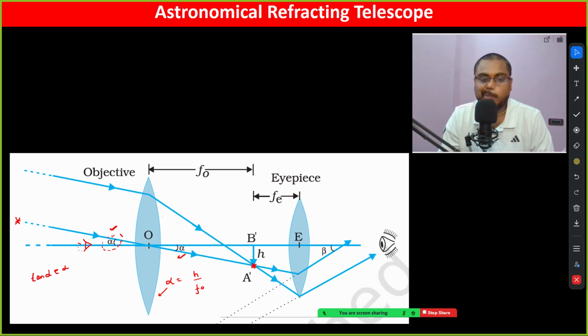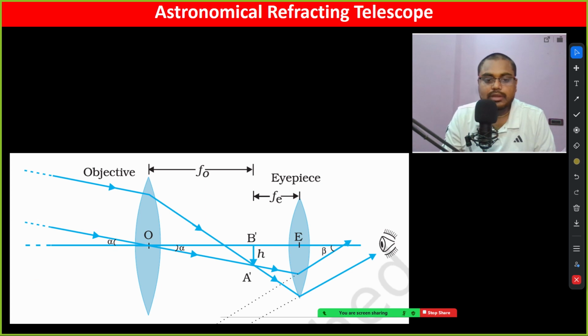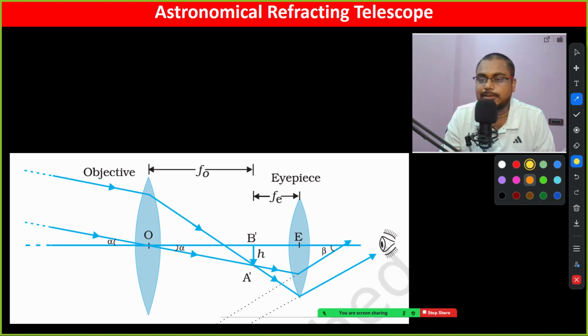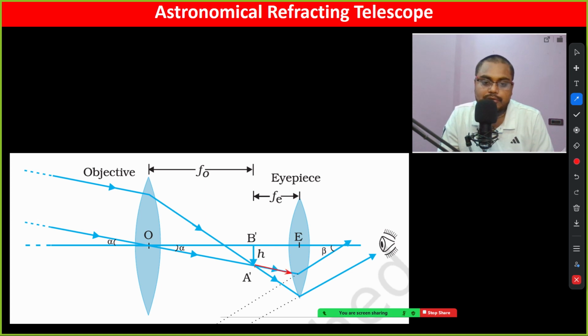Now for the second image, let us look very clearly and try to understand this. Not very difficult. Because the image is formed here, these rays, after passing through the convex lens, form the image at infinity. This is one of the rays, it goes like this, and this is also one of the rays.